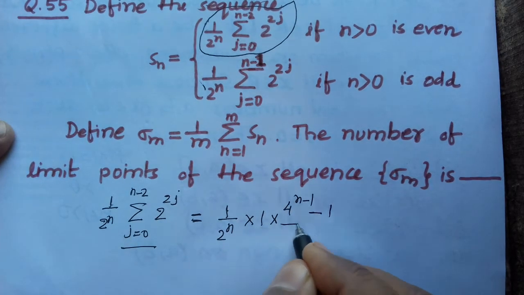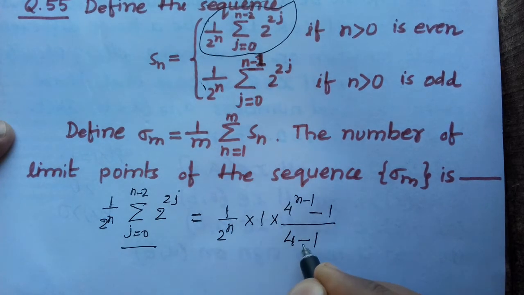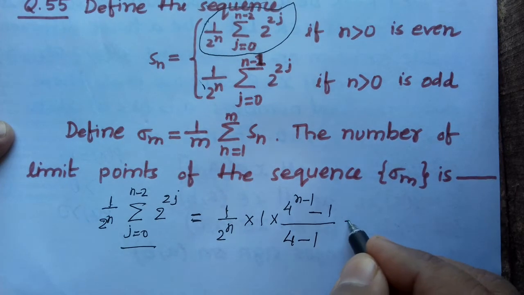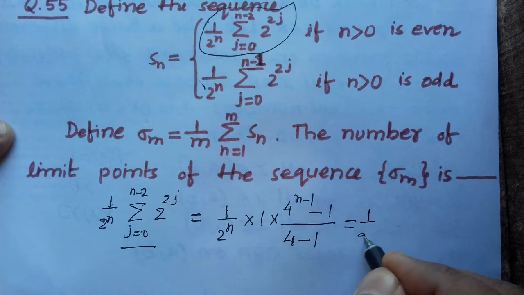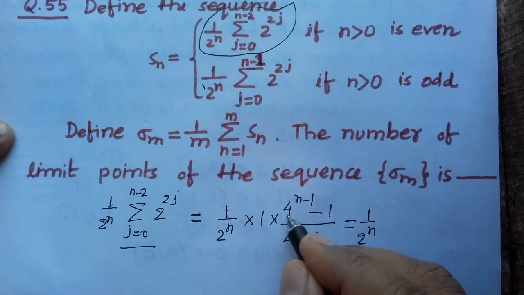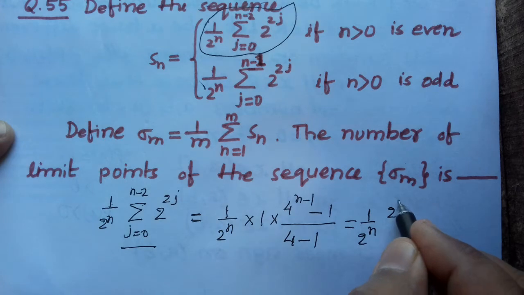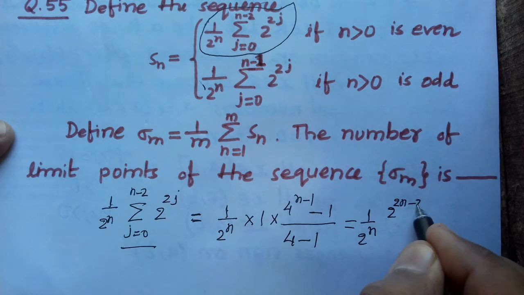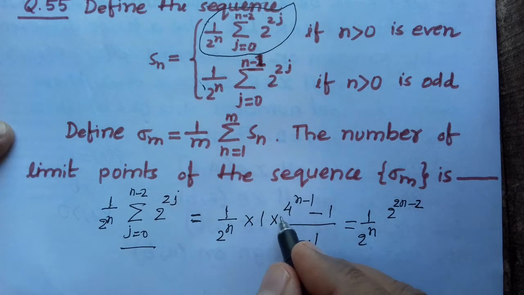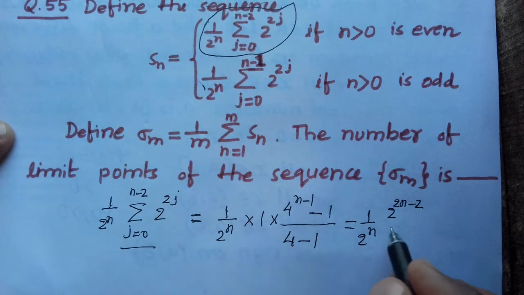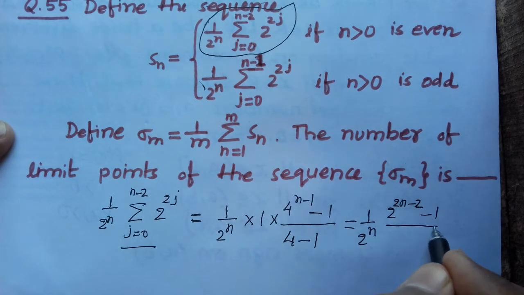So 4 to the power n minus 1, minus 1, by common ratio minus 1. So this becomes 1 by 2^n, and here we can write 2 to the power 2(n minus 1), because 4 can be written as 2 squared, minus 1 by 3.